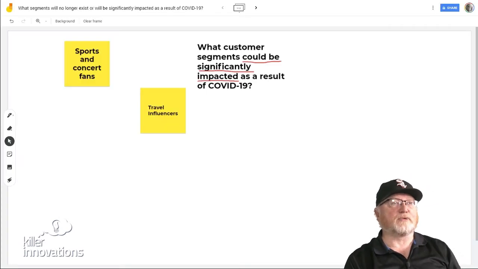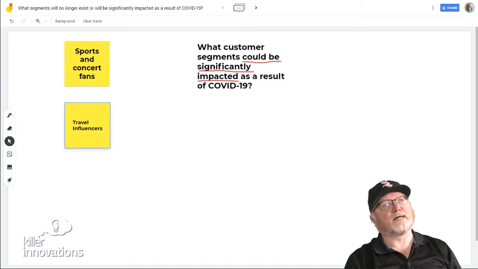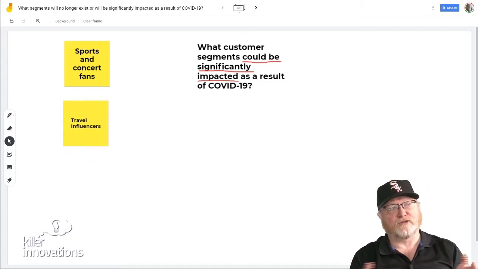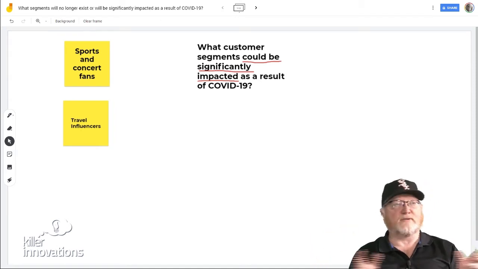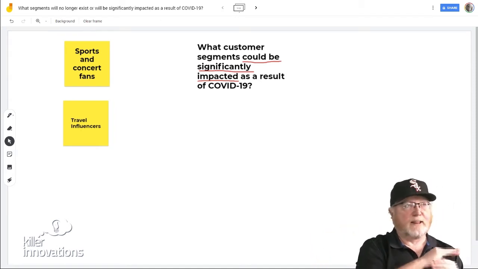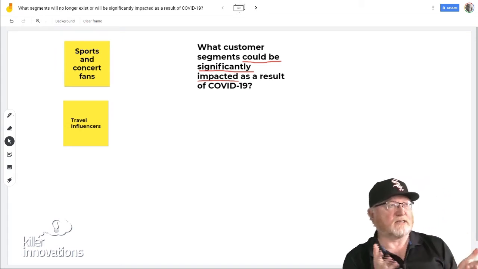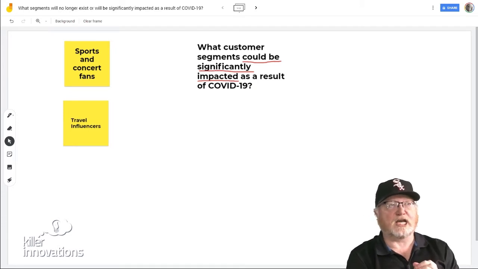So these are the people who travel around and they do reviews of resorts and show how nice it is laying on the beach. And given that travel is pretty much shut down, this is a segment that I think is going to be very, very challenged.